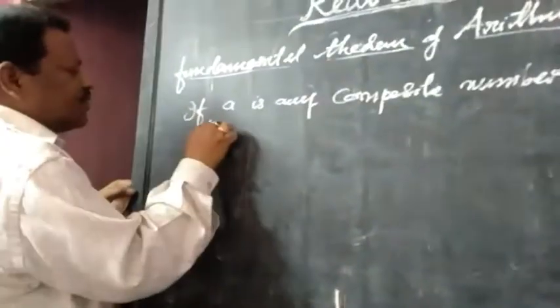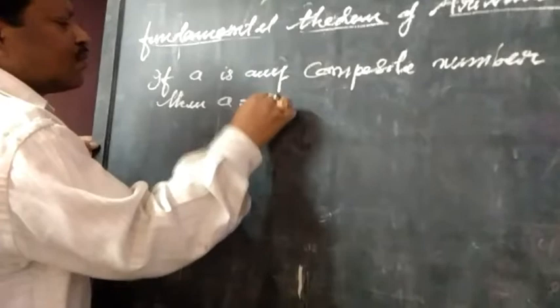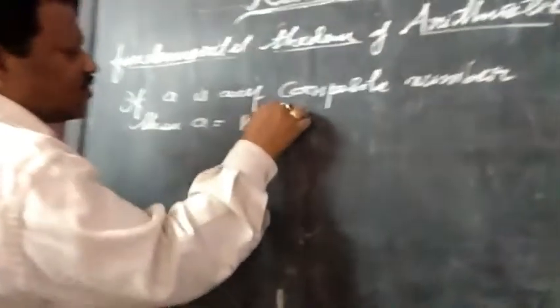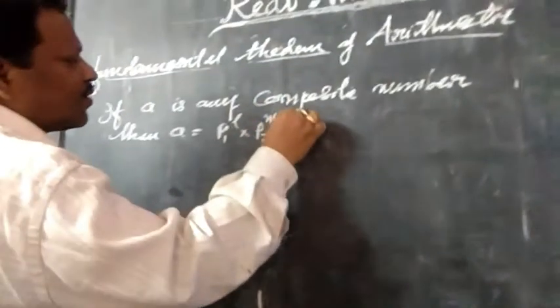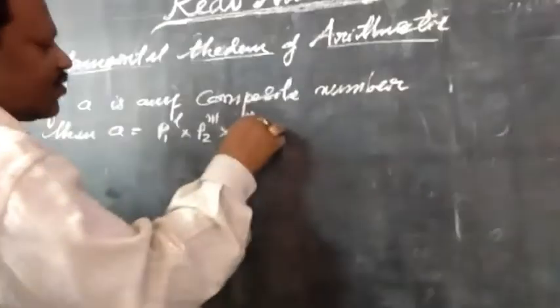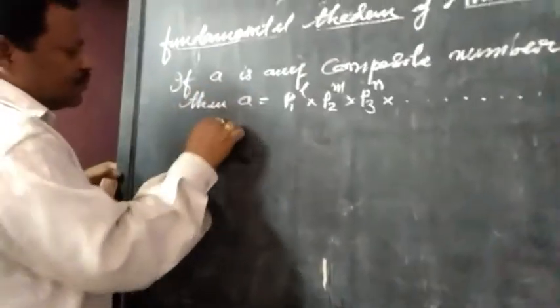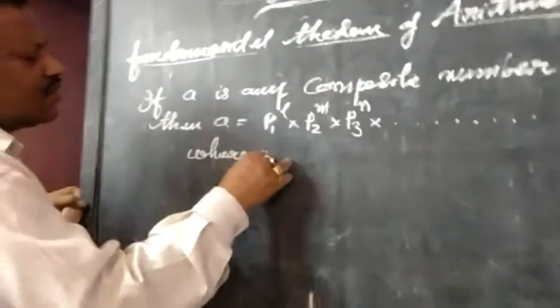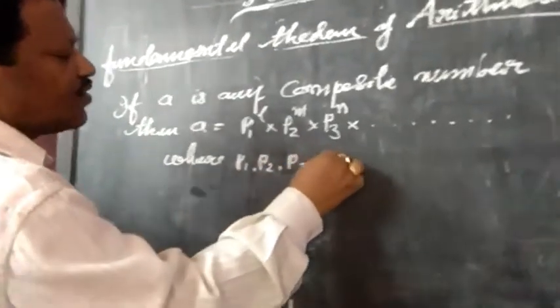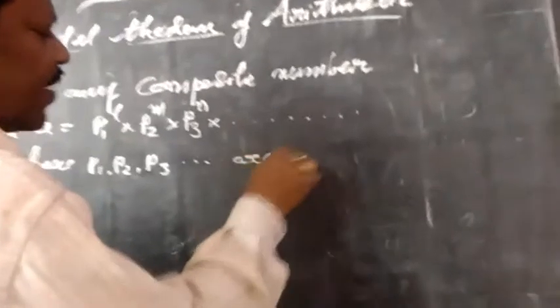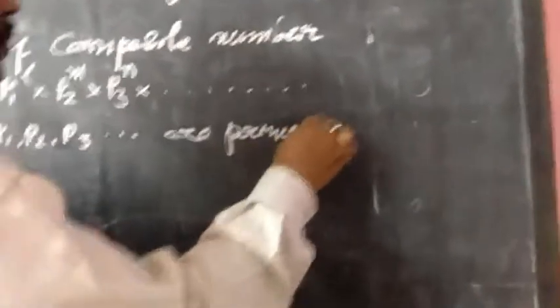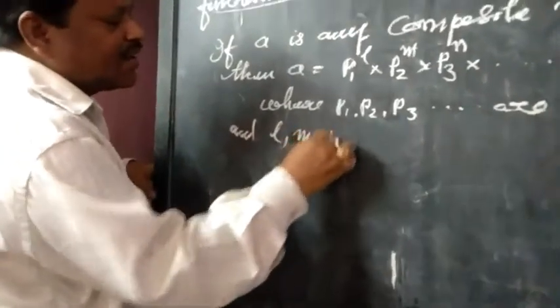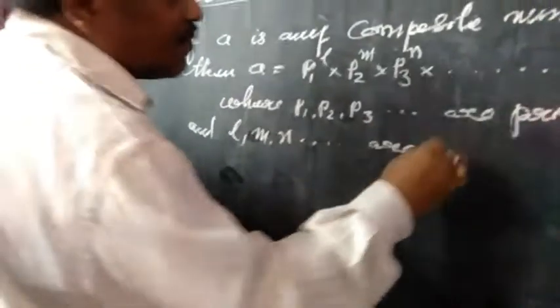Then A equals P1 power l into P2 power m into P3 power n and so on, where P1, P2, P3 and so on are prime numbers, and l, m, n and so on are whole numbers.